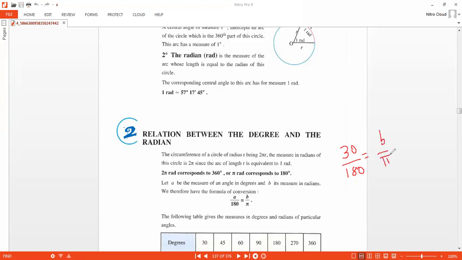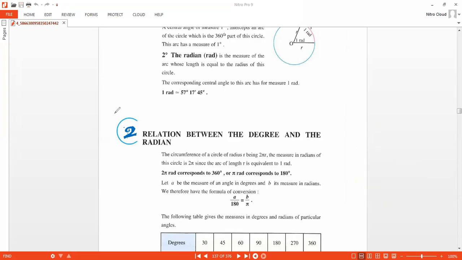And we do a cross multiplication to know B. We do 30 times pi divided by 180. Of course, you simplify to the maximum and you get pi over 6. So every time you see 30 degrees, it's pi over 6 in radians.